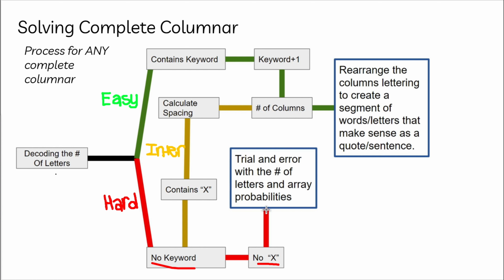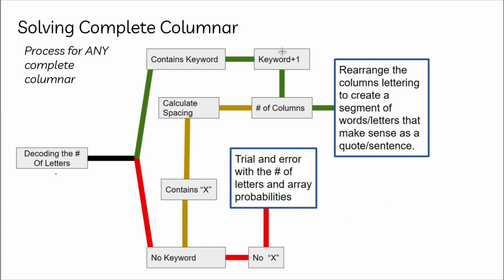Basically, if the total number of ciphertext letters is 48, then you would list all the multiples that multiply to 48, and a tip is to use the closest numbers together. For example, we have 6 and 8, but with 48 you can also do 2 times 24. But most likely the table will be arranged with the numbers that are closest together, so it would be 6 and 8, or 8 and 6, etc.